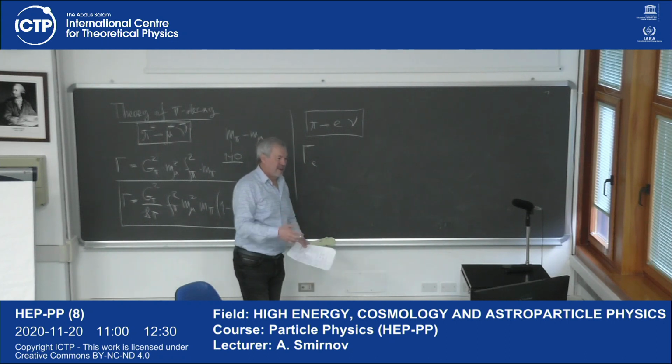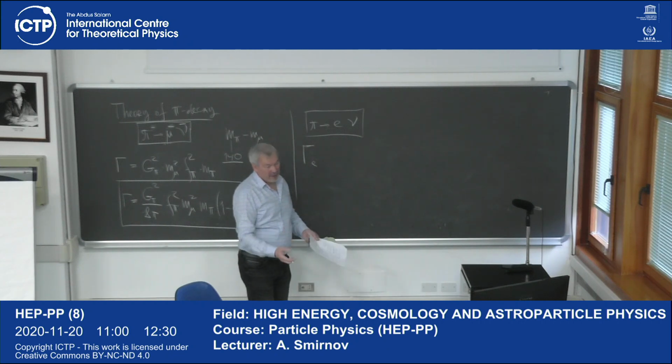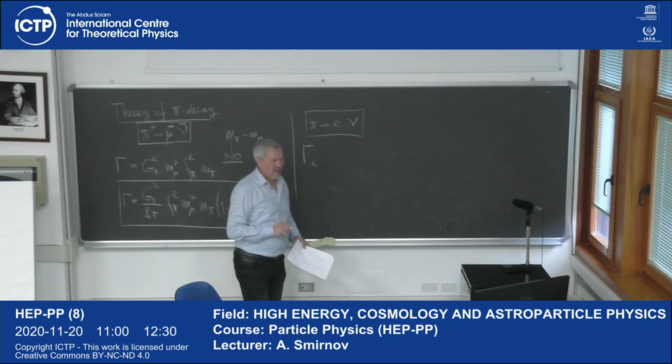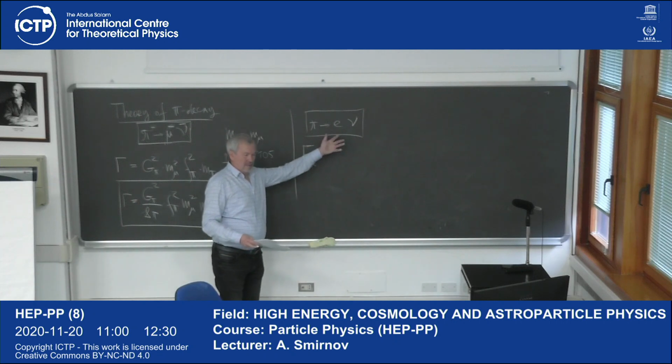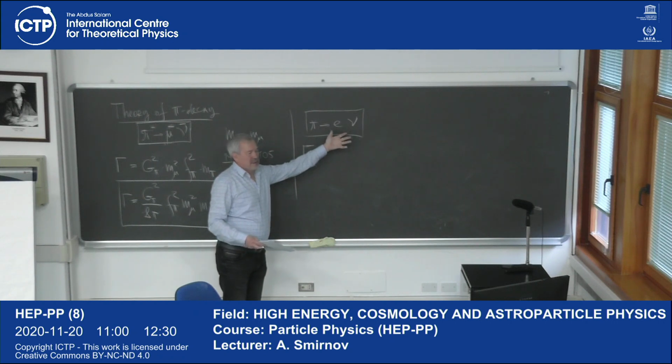Usually the bigger the phase volume, or the bigger the possibility for final particles' momenta, the bigger the probability. We always are doing integration over momenta of final particles. Here we have more momentum, so that's just more free stuff.